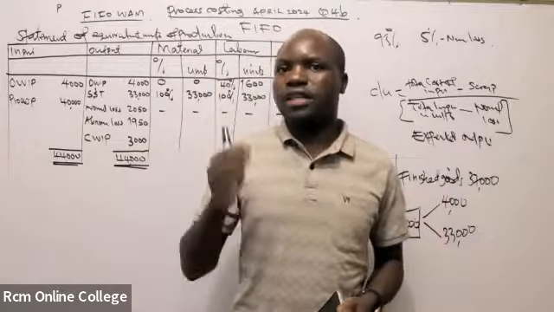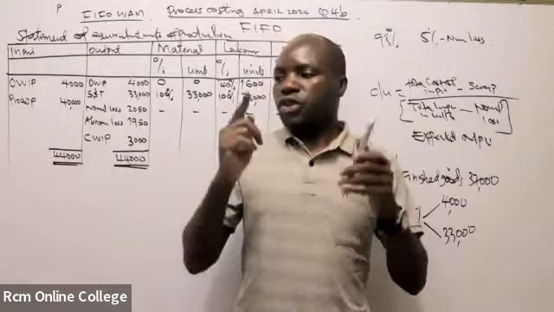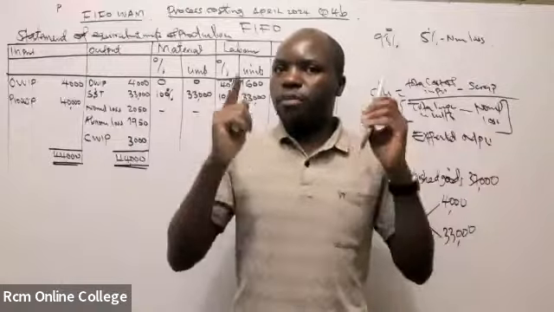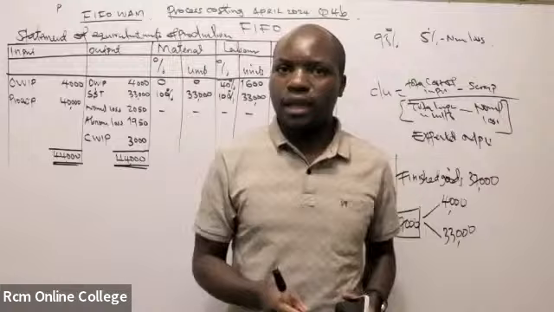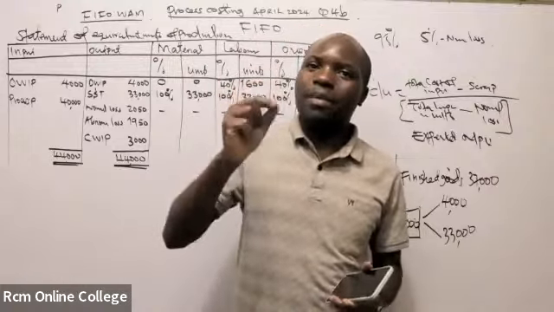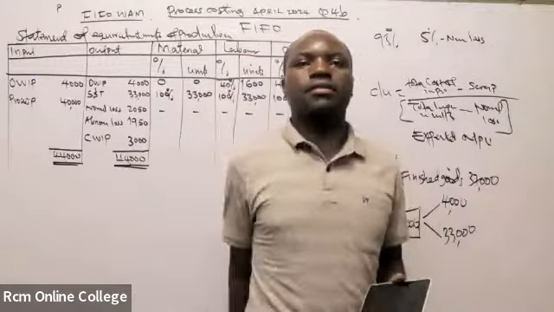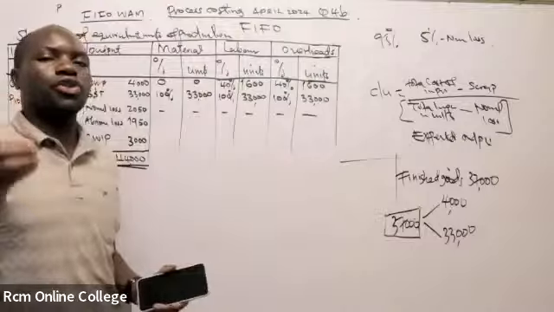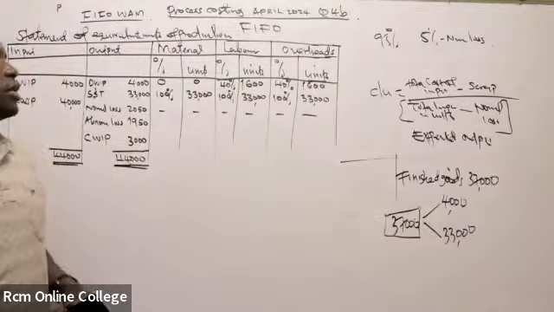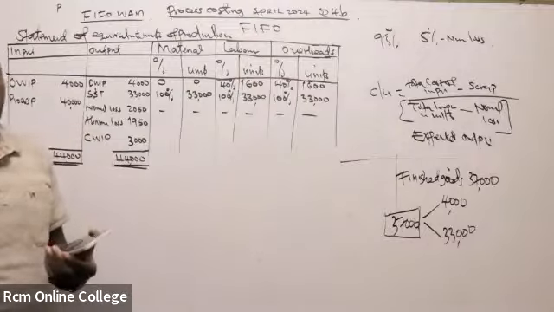These units were subjected to all the stages during the production. So if I'm not given percentage of completion for the abnormal loss, or for the abnormal gain, I will use 100% for every item. Please put it somewhere there. If you are not given percentage of completion for the scrapped units, then assume everything will be 100%.